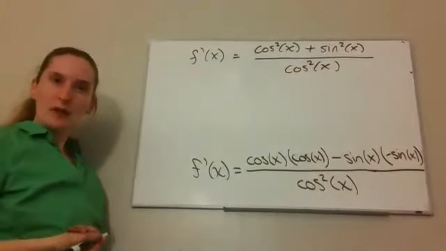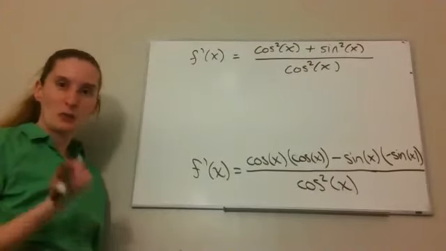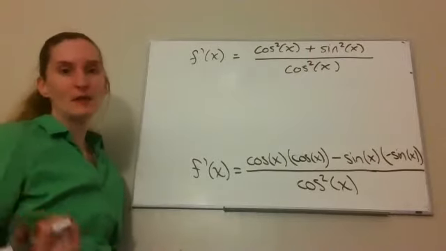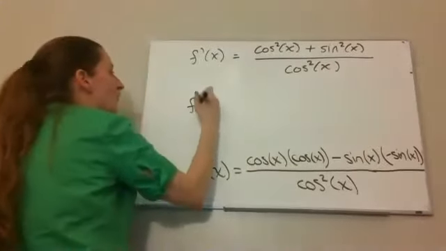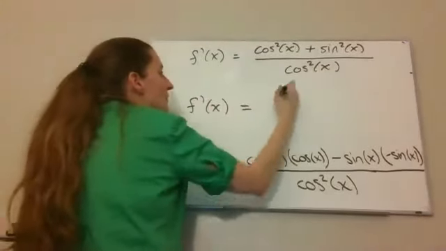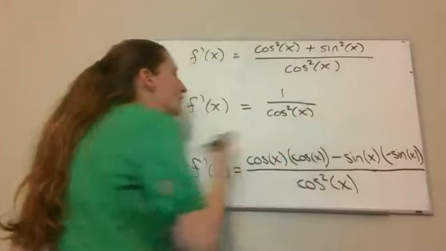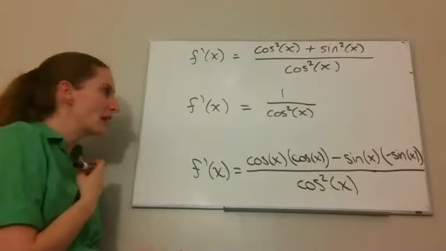Now, what is cosine squared plus sine squared? That should be a trig identity that you're really familiar with. It's everyone's favorite trig identity. Sine squared plus cosine squared is 1. So I know that the numerator of this derivative is 1. So I've now found out that the derivative of tangent is equal to 1 over cosine squared.